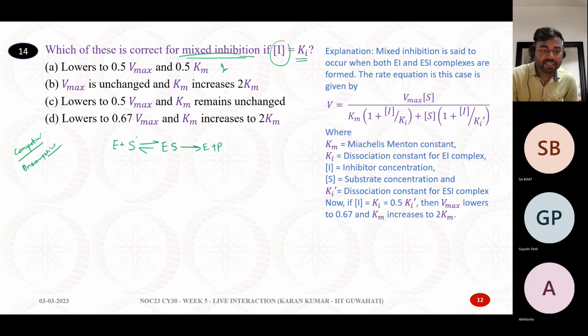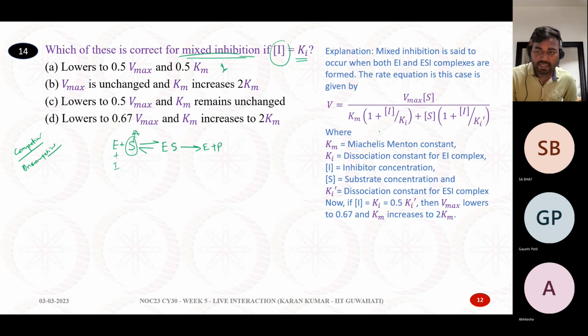But when you increase the substrate concentration much higher, in mixed inhibition the inhibitor is also inhibiting, and similarly your substrate will also inhibit the enzyme at the higher concentration. Those are termed mixed inhibition.